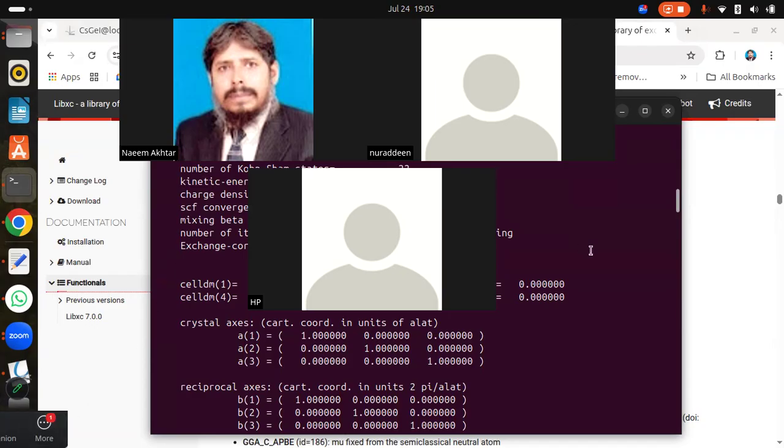The difference is that whenever you use libxc, these are codes which use some approximation methods. As I have told you in the theoretical version, Kohn-Sham theory is exact, but we do not know the exact exchange correlation functional. So for the exchange correlation functional, we have to make approximation.